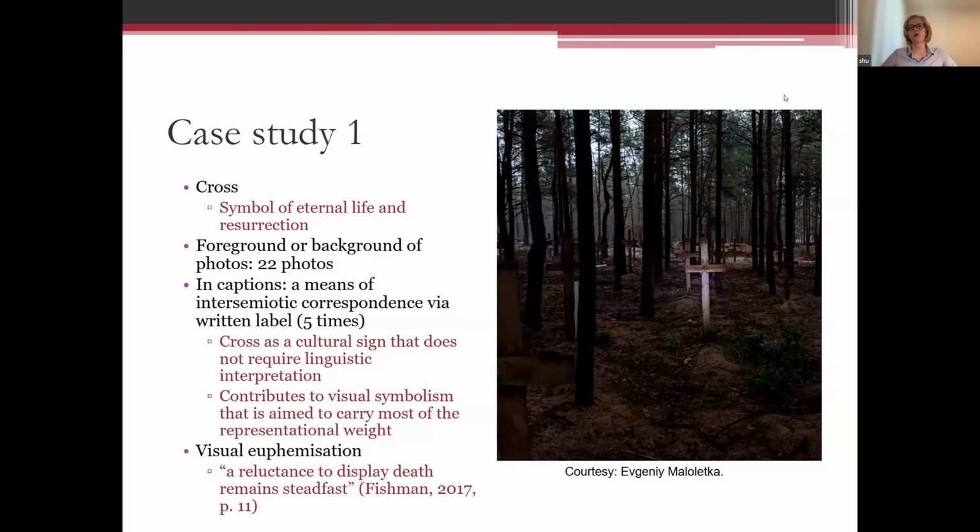On the other hand, the cross participates in a discourse strategy of visual euphemization. Interestingly, mass media, especially Western mass media, is reluctant to display death, especially if death is not a good death. Next slide, please.